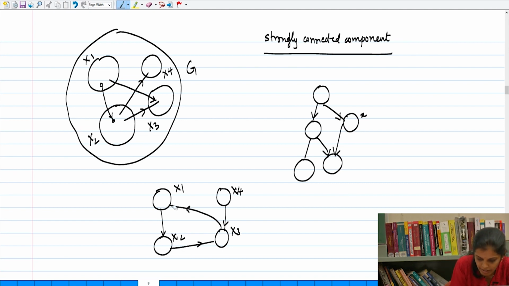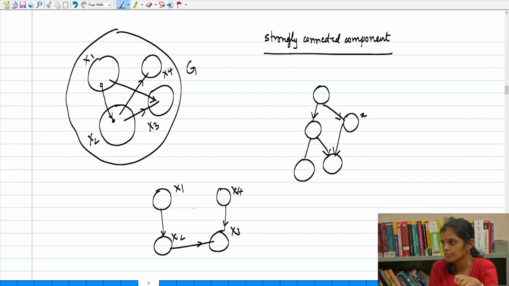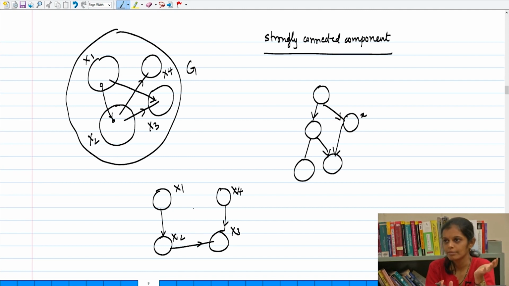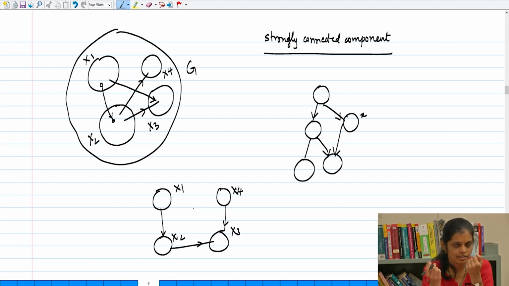This is not the correct structure, as this edge is missing. But in fact, whatever DAG you have, there must be a source strongly connected component and a sink strongly connected component. There must exist one such component which is labeled as a source and one as a sink. Does everybody agree with that? Just by taking the analogy from the DAG to the meta DAG that we have constructed.